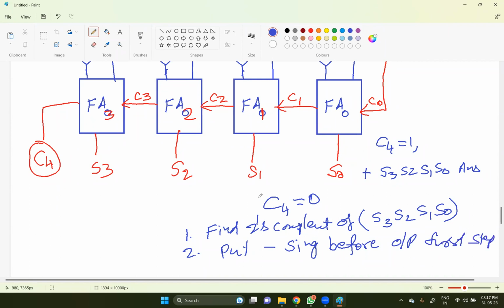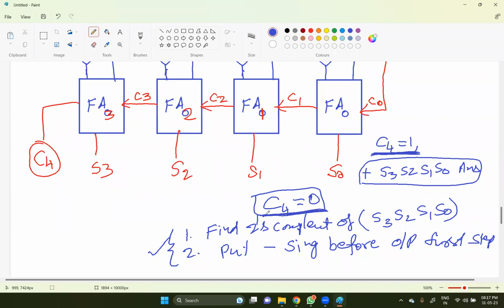If C4 is equal to 0, then you have to do these two operations. If C4 is equal to 1, whatever answer you have, consider it excluding C4. Here also you need to exclude C4, but if it is 0, you need to do this. If it is 1, there is no need to do anything here. That is the final answer. In this way, you could perform it.